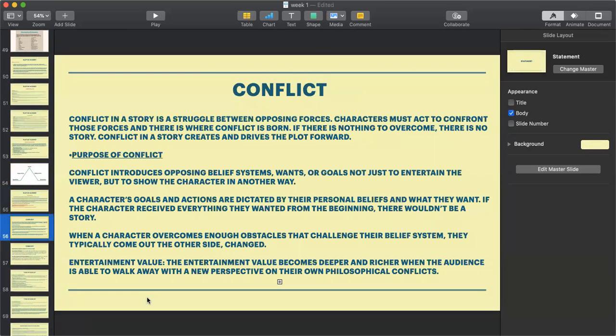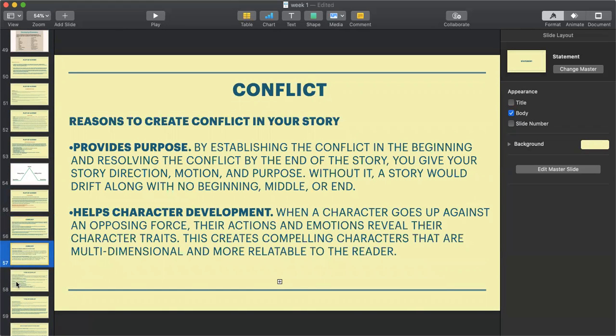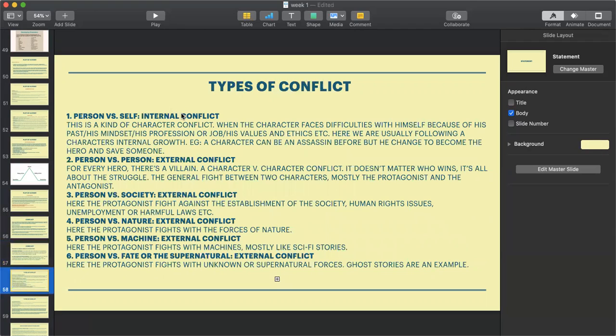So we have talked today about the conflicts, the purposes of conflict, the reasons to create conflict, and the different types of conflicts: person versus self, which is an internal conflict; person versus person, person versus society, person versus nature, person versus machine, person versus fate or the supernatural, which are all external conflicts.